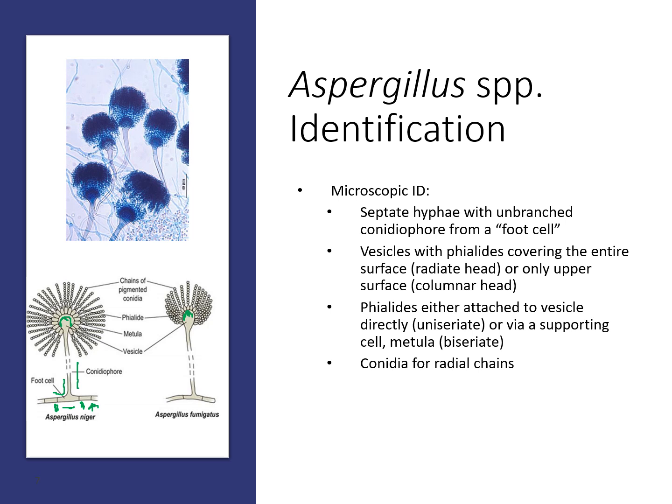Or they can be attached to a metula, depending on how it's pronounced. You can see those are a little bit larger, and then you have the phialides attached to them right here on the end. The phialides have conidia coming off of them, and the conidia form chains. You can see all of those long chains coming off of both of these species.